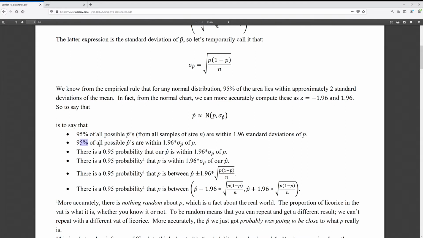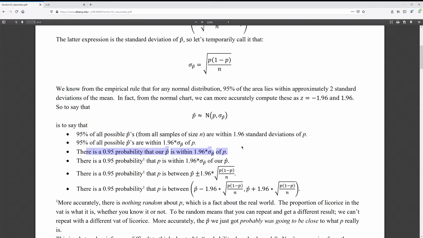If 95% of all possibles satisfy a condition, then there's a 0.95 probability that our whatever is going to satisfy a condition. Now again, remember when we're talking about the pattern of randomness, we're talking about a generic sample of size n in our future. So there's a 0.95 probability that the statistic we're going to get from the sample we're about to do will be within this distance of p.